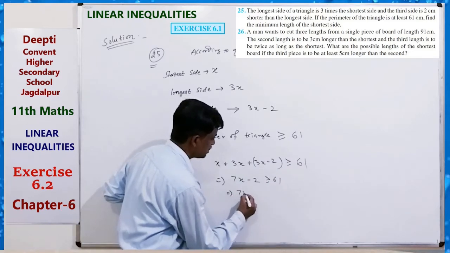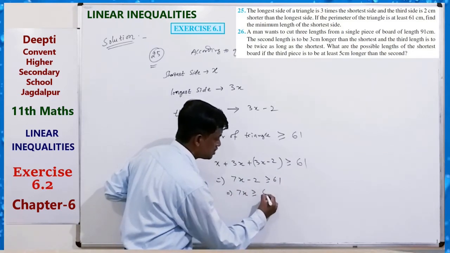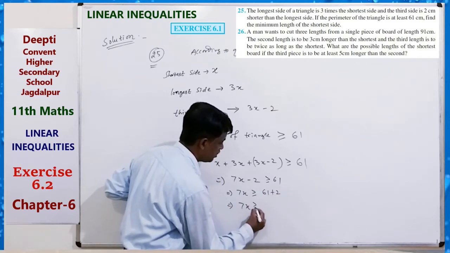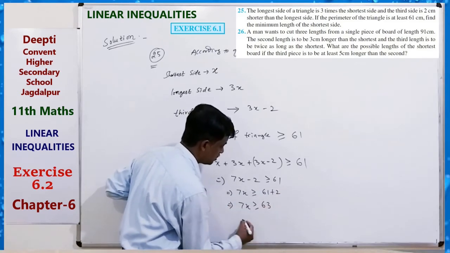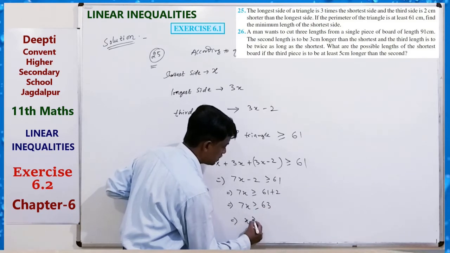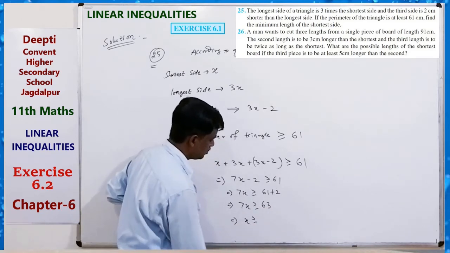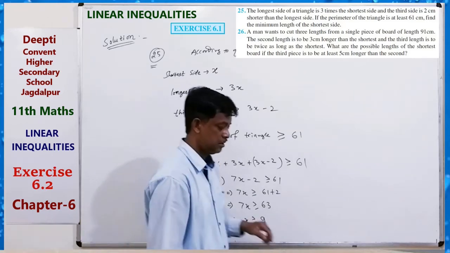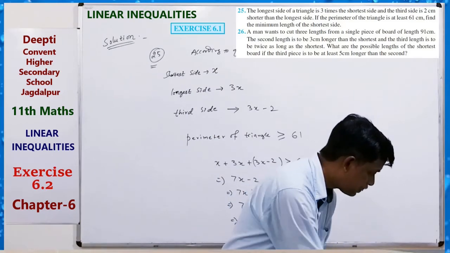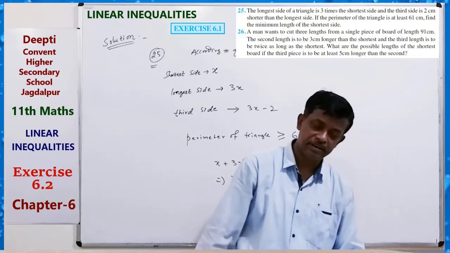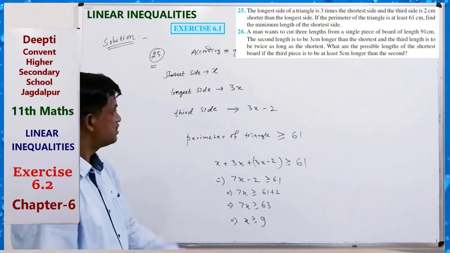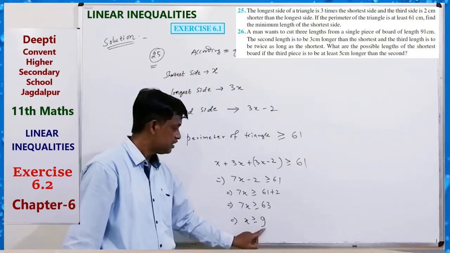So 7x is greater than or equal to 61 plus 2, that is 7x is greater than or equal to 63. x is greater than or equal to 9. So your answer is 9 centimeters. The least value of x is 9.